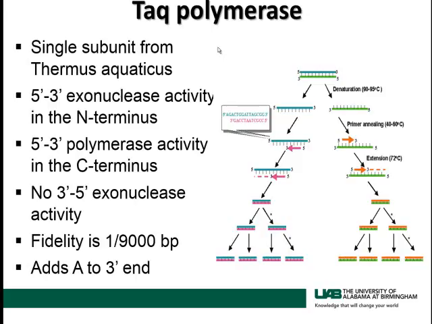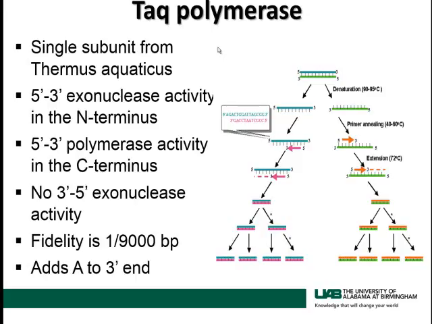Taq polymerase has a 5' to 3' exonuclease activity, just like DNA polymerase 1, and then it has 5' to 3' polymerase activity, just like DNA polymerase 1, 2, and 3, but it doesn't have any 3' to 5' exonuclease activity or the proofreading activities that DNA polymerase 1, 2, and 3 have. Okay?